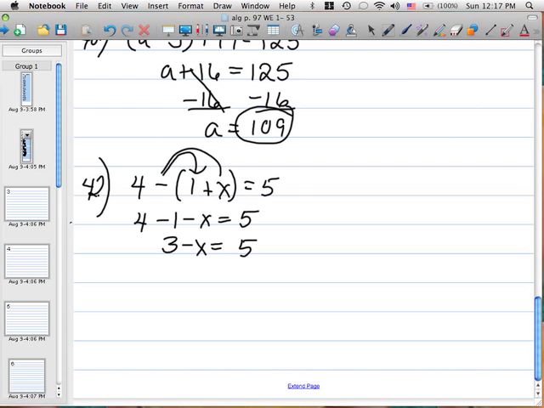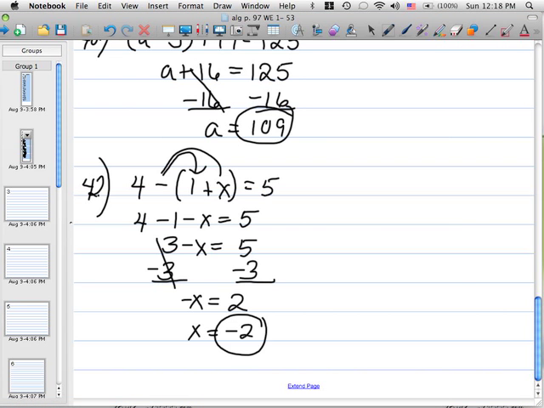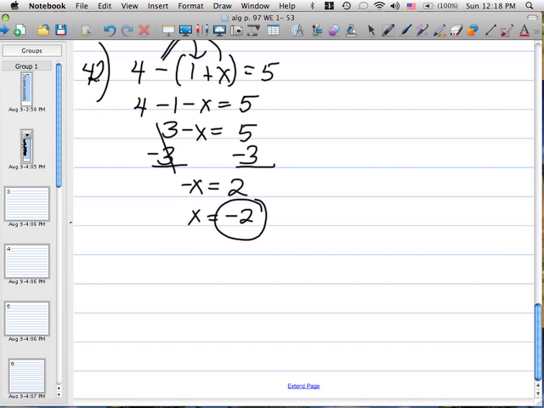Getting the x by itself, we want to get rid of the 3, so we're going to subtract 3 from both sides. So now we have negative x equals 2. So if the opposite of x equals 2, then x equals negative 2. You can check that 1 plus a negative 2 is a negative 1. 4 minus a negative 1 is 4 plus 1, which makes 5.